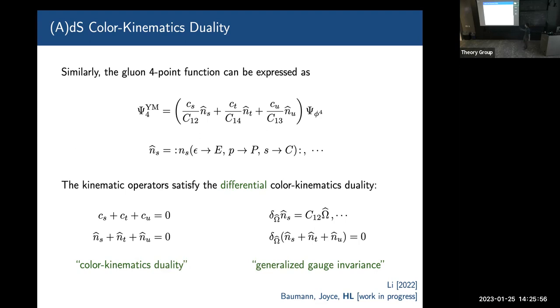The nice thing about this representation is that all the nice properties that we had for the amplitudes get inherited in this representation. You will find that this expression does satisfy the differential version of the Color-Kinematics Duality in any gauge.